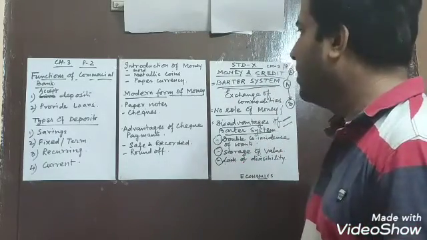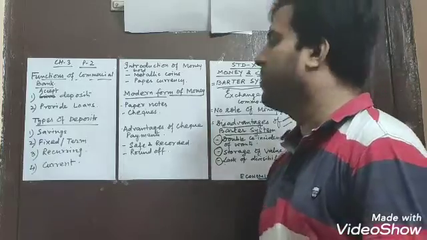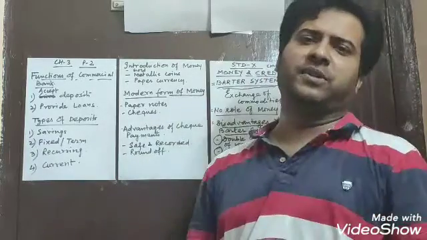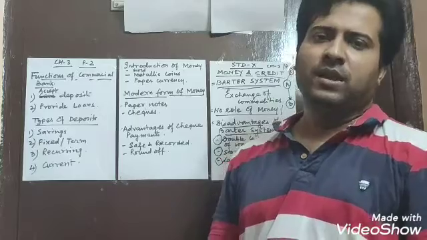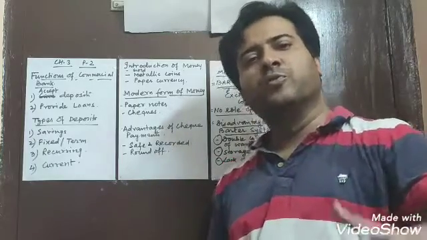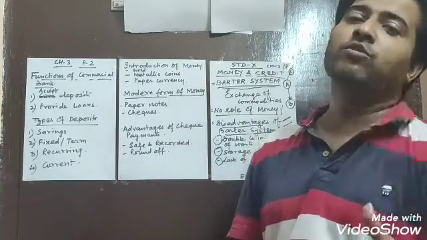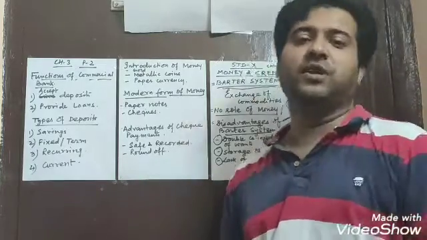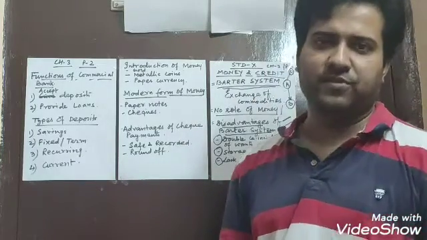Then the next alternative came, that was the paper currency. But it came after a very long period of time. The paper currency proved to be one of the most convenient modes of exchange.